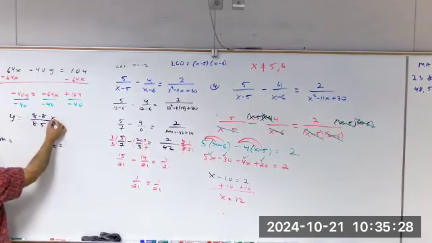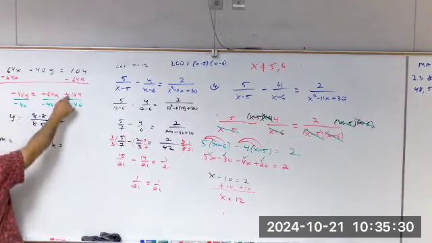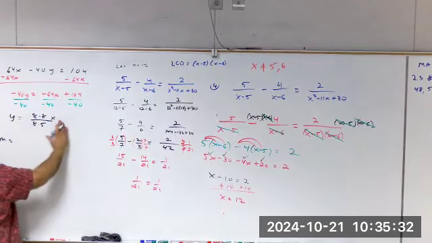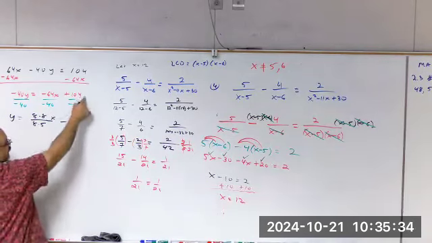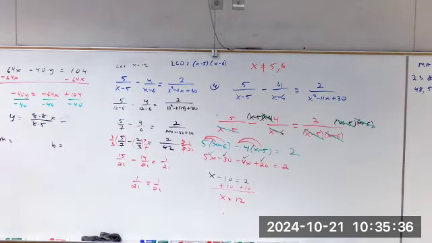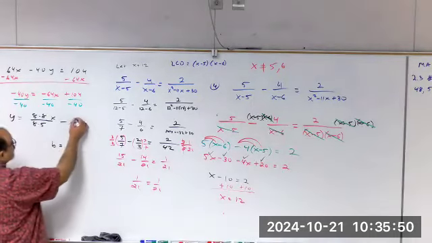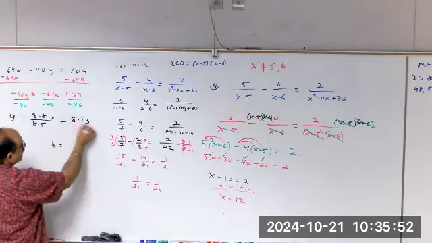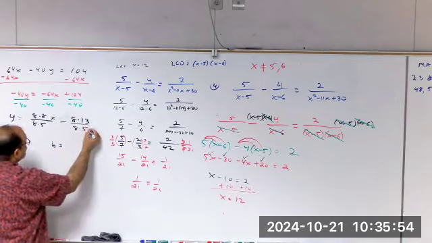And then you have the x. And positive over a negative is going to be a negative. And a common factor of 104 and 40 is going to be 8 again. So that's going to be 8 times 13 over 8 times 5.